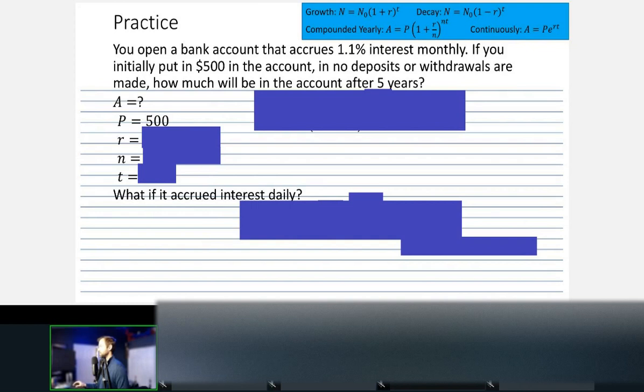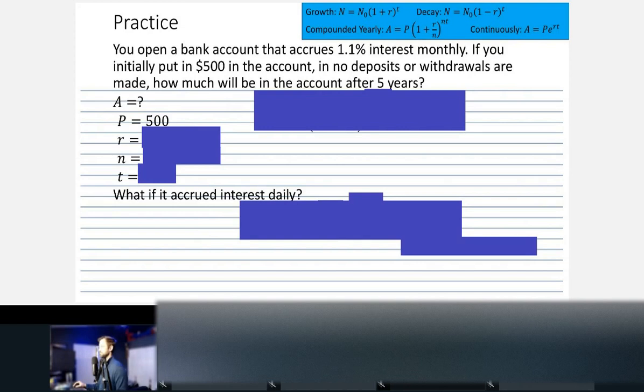1.1 is a percent, not a decimal. Come on, pre-calc students, let's convert 1.1% into a decimal. Let me give you a hint: 50% would be 0.5.